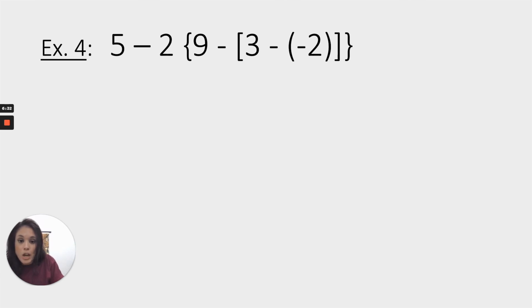So I'm going to change this subtraction to an addition. I am going to change the sign of this second number to a positive. So this now becomes 3 plus 2, which is 5. So I have now solved what is within this bracket.